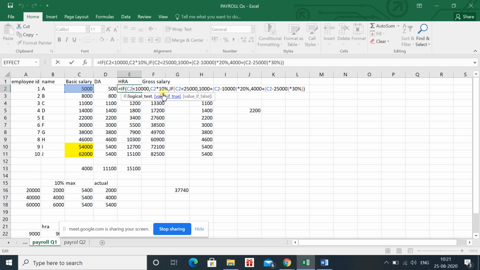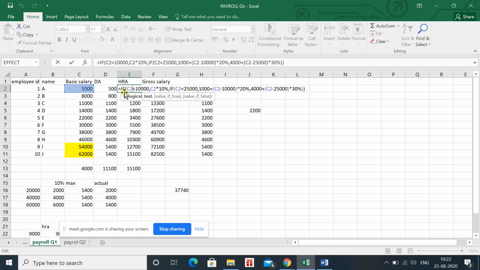And if this situation is not fulfilled, then apply another formula. There I had said false, that if the condition is not fulfilled, give me false or 0. But here I am saying if the condition is not fulfilled, then please apply another formula, and it will apply that formula.